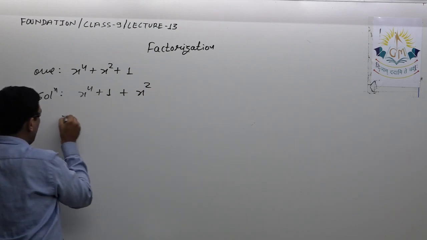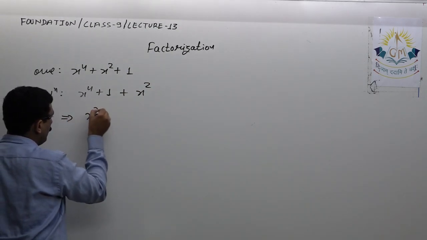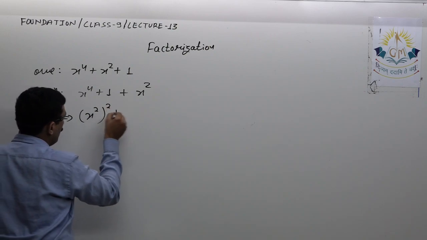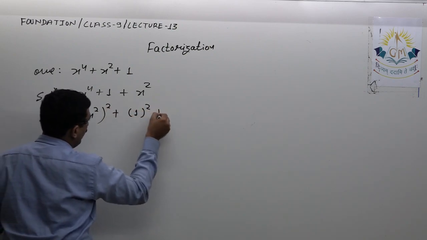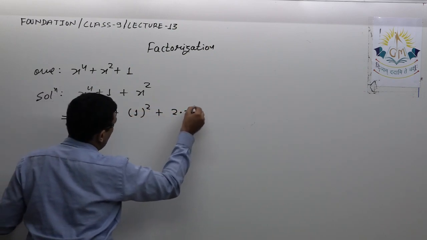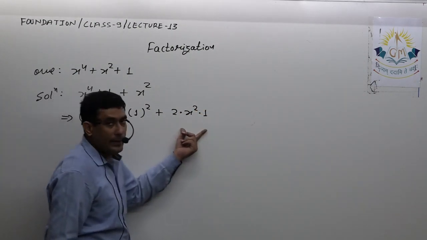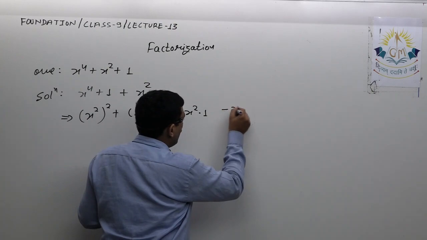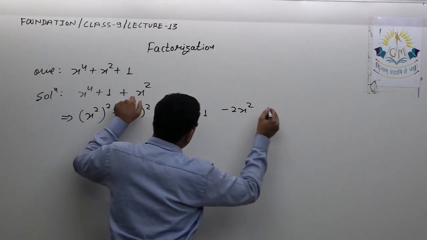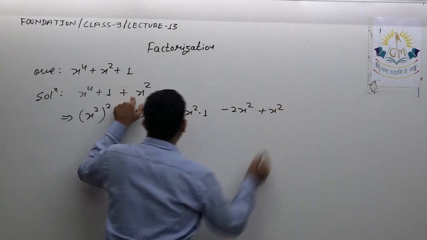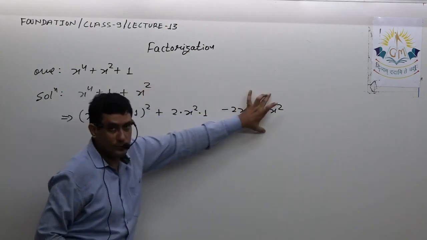Now if I continue by taking this as a square, this as b square, plus 2 into a into b. As I added 2x square, I will subtract 2x square, and at the end I write the remaining term of the question.